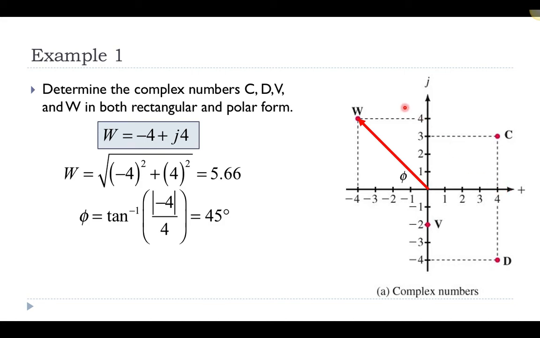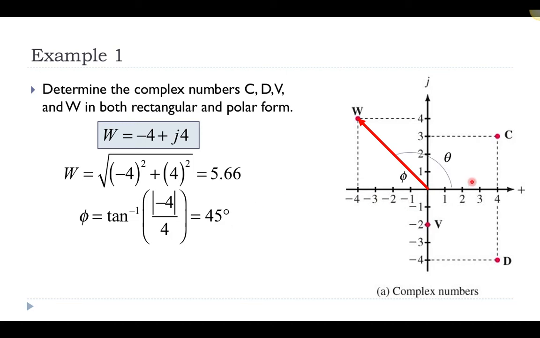So when your complex number is in the third quadrant, or excuse me, the second quadrant, or the third quadrant, and you're solving for the angle, you really have to think about what angle you're measuring when you get the value that your calculator spits out.